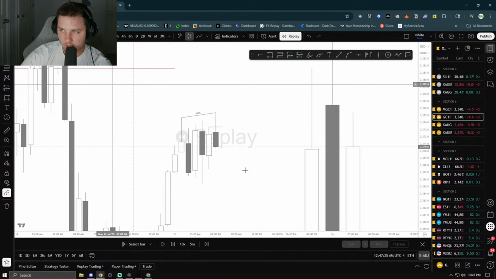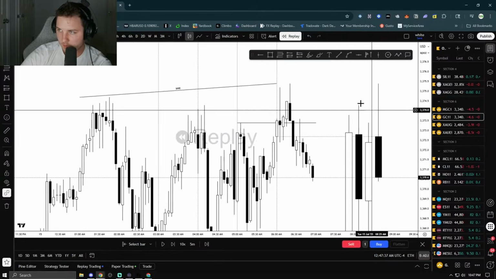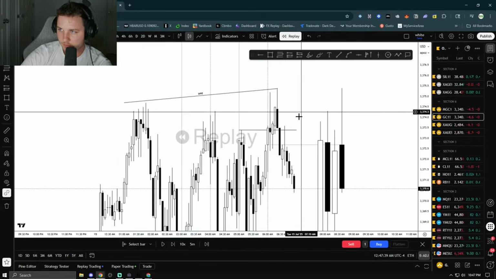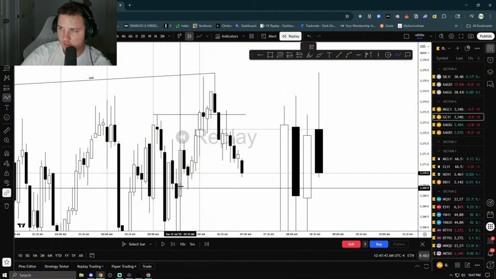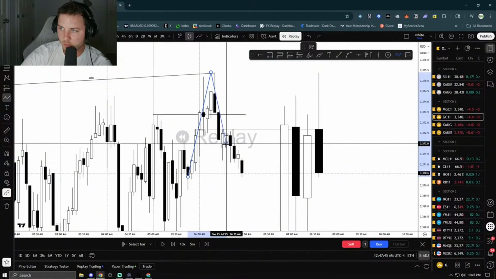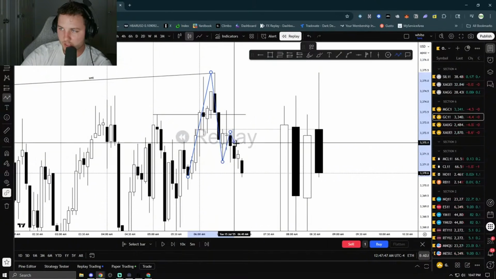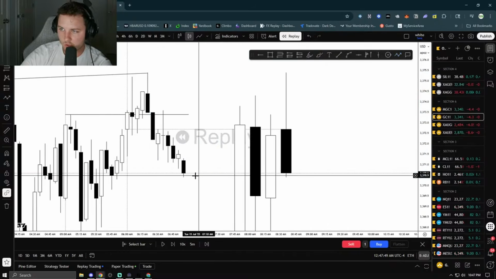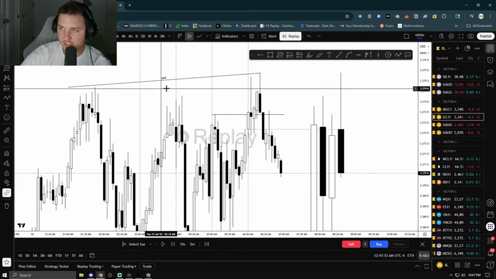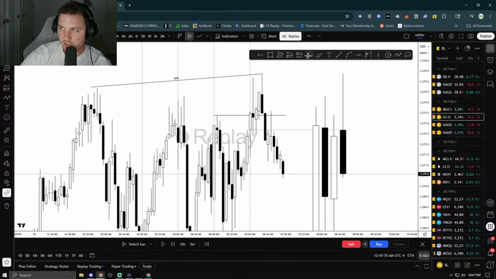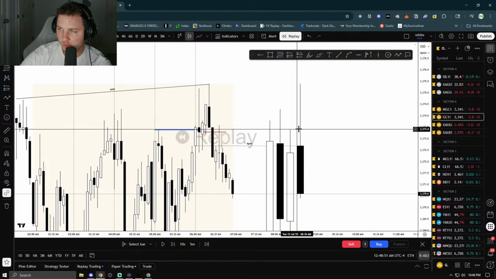Go to 5 minute. So we have expansion met with expansion to a pullback to continuation. Okay, cool. We see the reversal signature. This expansion is creating an SMT, sweeping what? Key levels. The hourly swing point.